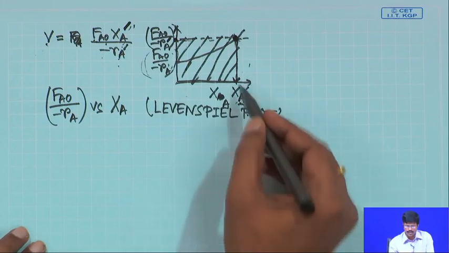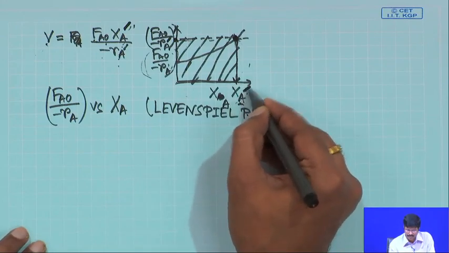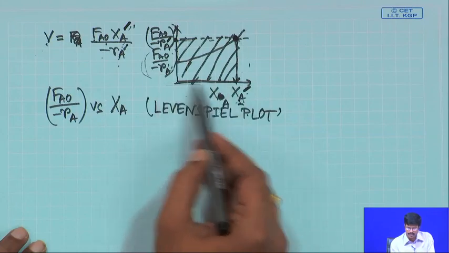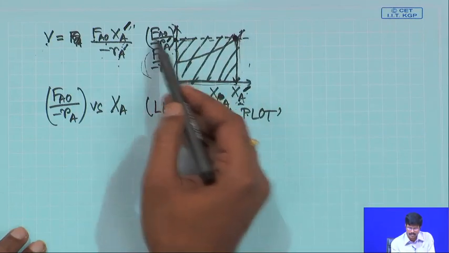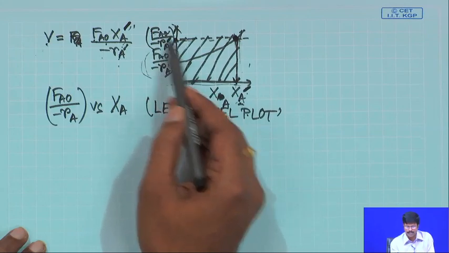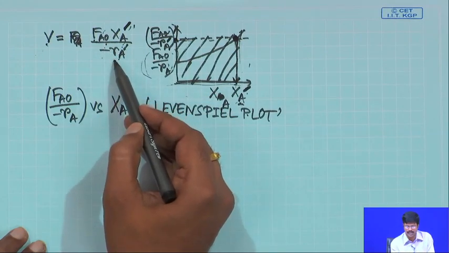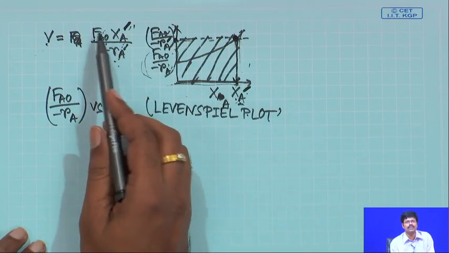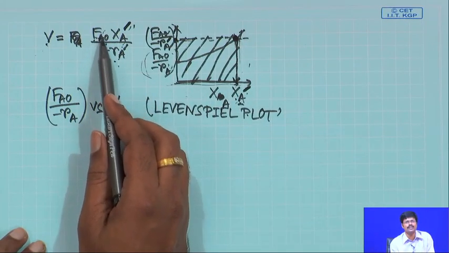So, if you are targeting a conversion of X A prime, then you take the area of the rectangle with the base X A prime and the height F A 0 by minus R A prime, because F A 0 by minus R A prime is the value of F A 0 by minus R A at a specific conversion of X A. Remember, F A 0, the molar flow rate in, does not change.